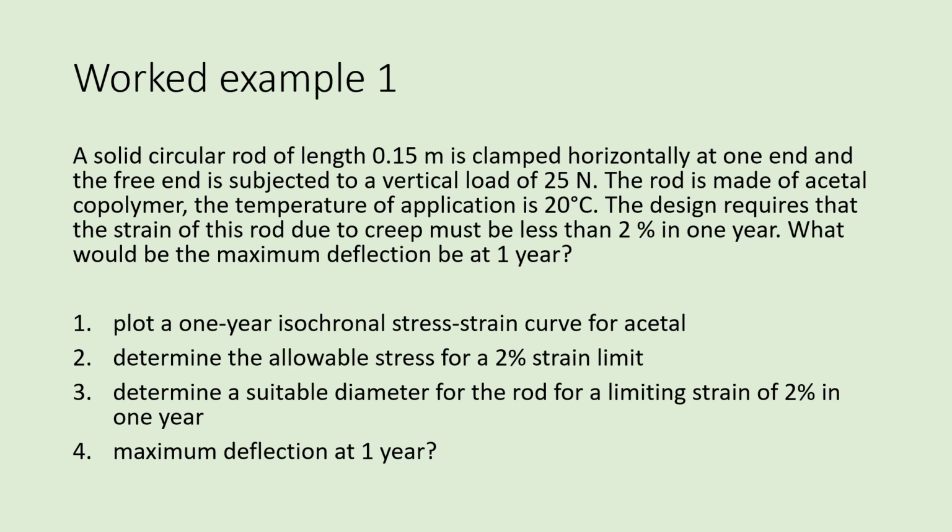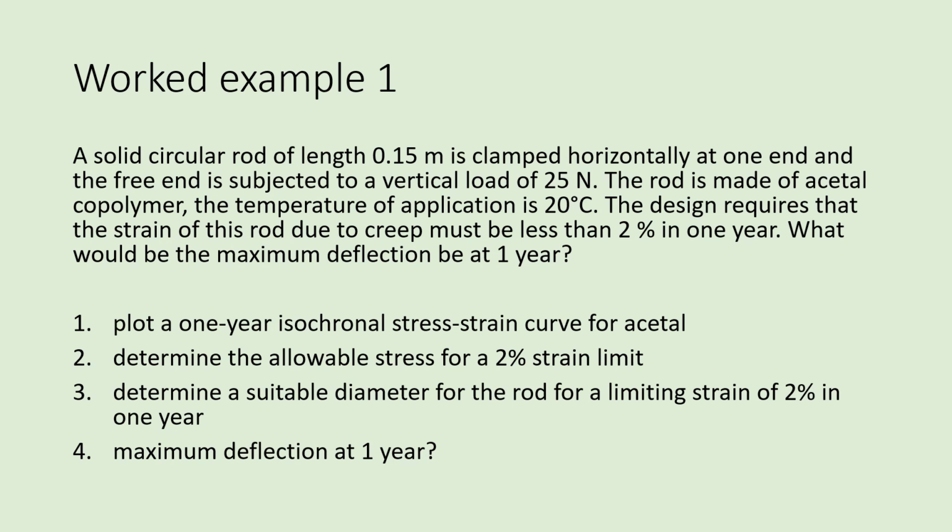The rod is made of acetyl copolymer, and the temperature of application is 20 degrees Celsius. The design requires that the strain in the rod due to creep must be less than 2% in 1 year. So what would the maximum deflection be at 1 year to prevent within these design criteria?